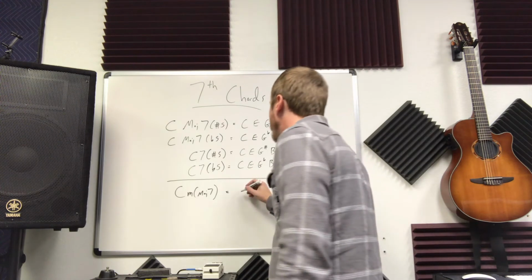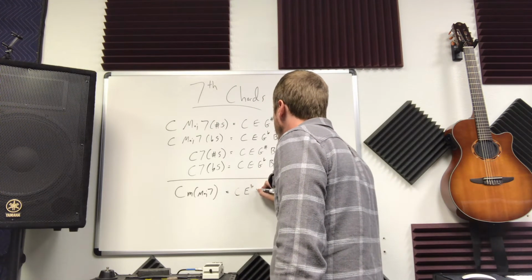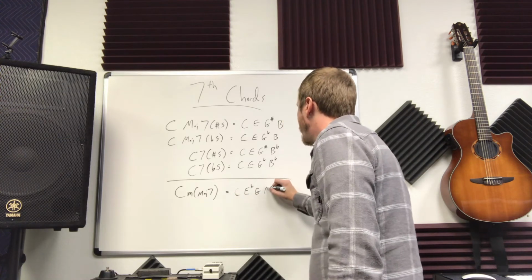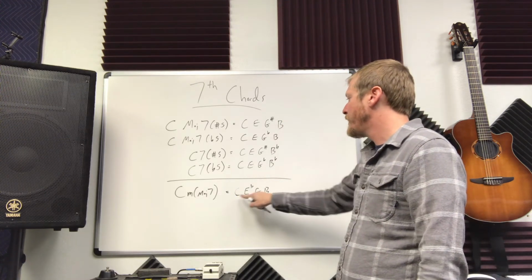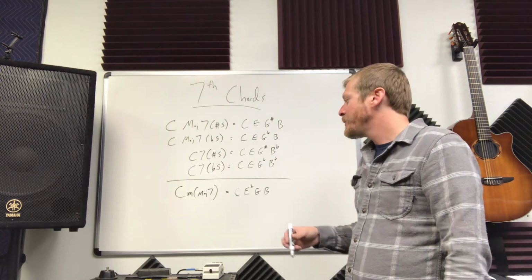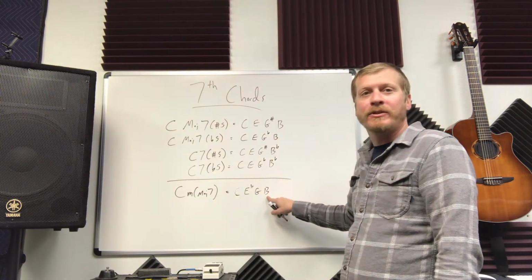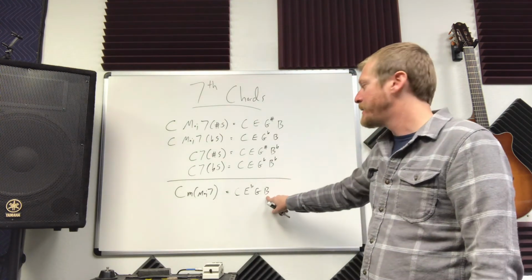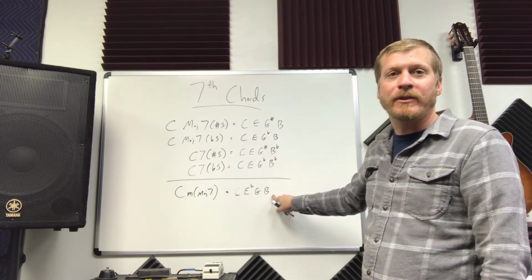So we're going to go C, E flat, G, and then a B natural. Okay? So C, E flat, G is a minor triad with a regular major 7th at the end. So it's just like a minor 7th chord, except we have a natural 7th being the B instead of a flat 7 that would be in a minor 7th chord.